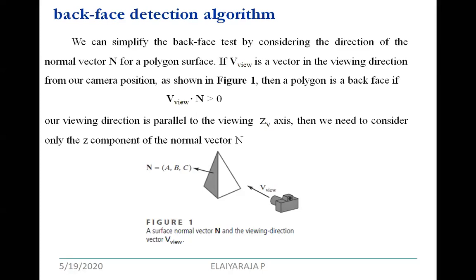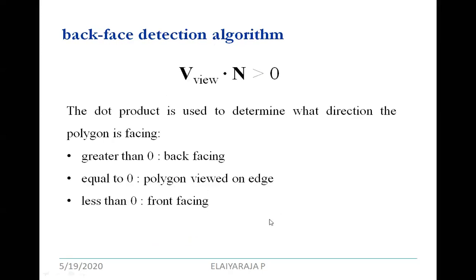The dot product is used to determine which direction the polygon is facing. If it is greater than 0, that is a back face. If it is equal to 0, the polygon is viewed on the edge.